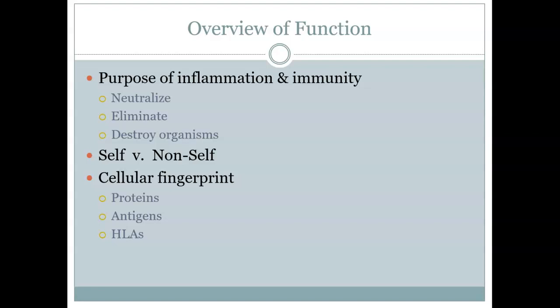The immune system cells compare the surface HLAs to determine this. If it's my HLA and my HLA, there's no problem. But if it's something foreign like Staph aureus, then the immune system will kick in and work to eliminate it. Okay, so just know that we have this mechanism.